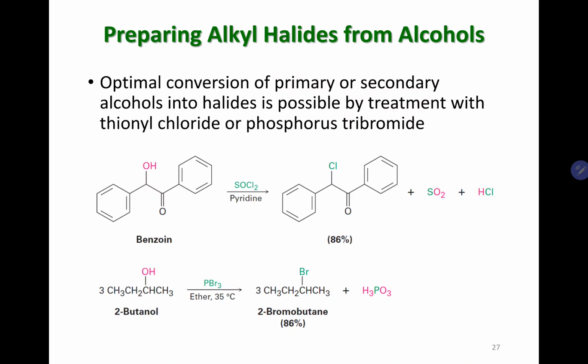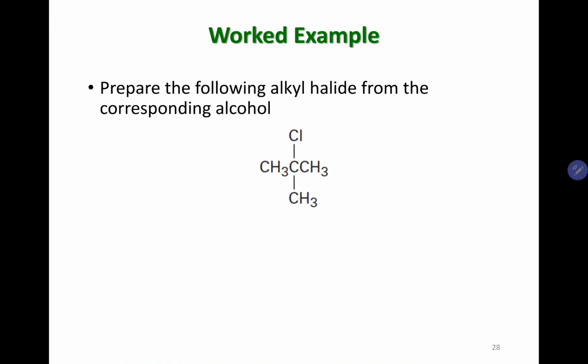But if you have a primary or secondary alcohol, in order to synthesize an alkyl halide, you will have to use specialized reagents such as thionyl chloride for chlorine or phosphorus tribromide for bromine. Okay, phosphorus tribromide for bromine.